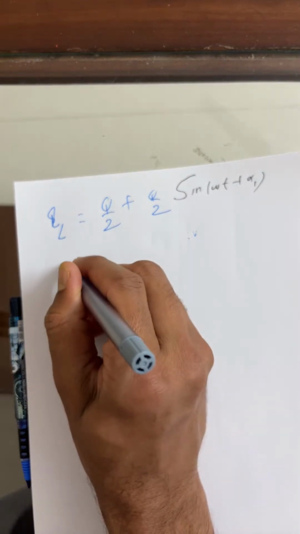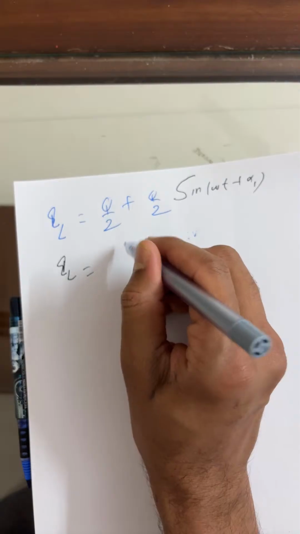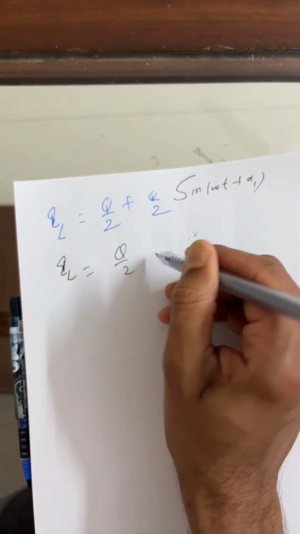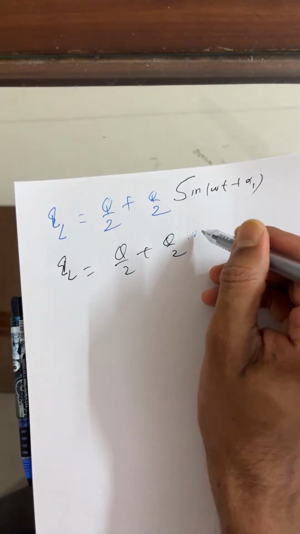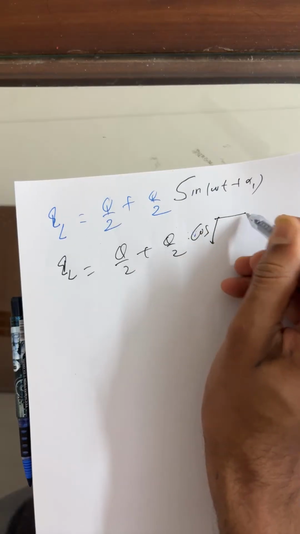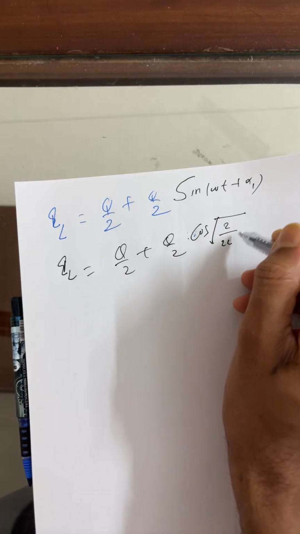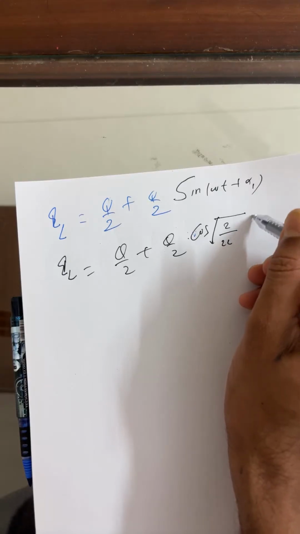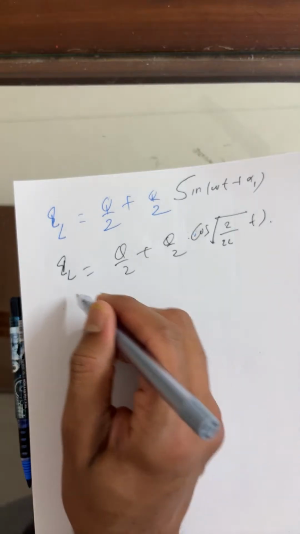So we can write charge on inductor equal to Qi2 plus Qi2 cos. Yes beta, this is the charge on inductor.